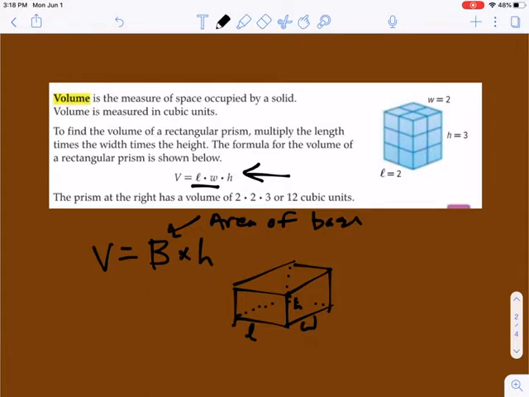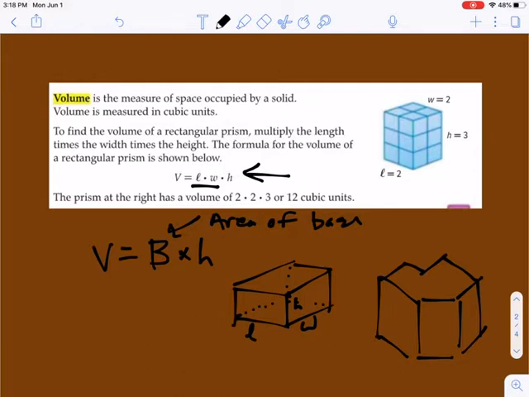The reason I want to point this distinction out is because if you know how to find the area of any base, or they tell you the area of the base, then you can find the volume of anything. So if you get some crazy shape, and it goes out here and goes in, comes out, and then comes back, and they tell you the size of the base, you can find the volume of it.